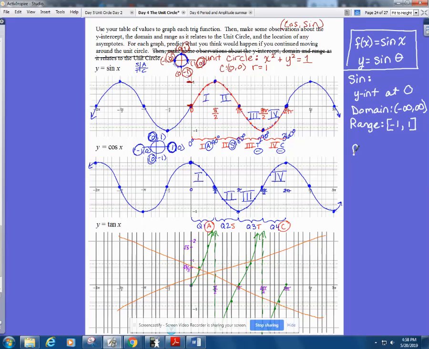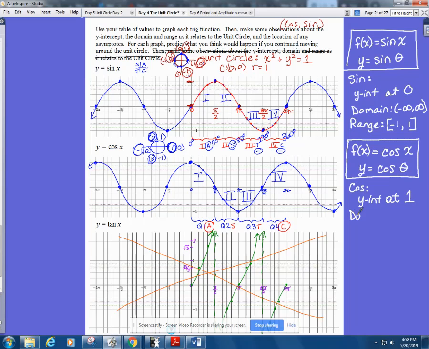For cosine, we could say f of x is equal to the cosine of x, or we could say y equals cosine of theta. You can write the function either way. These are basically the parent functions for sine and cosine, based on the unit circle. So for cosine, the y-intercept, at parent function, is at 1.